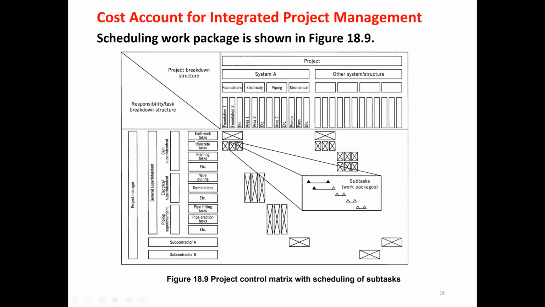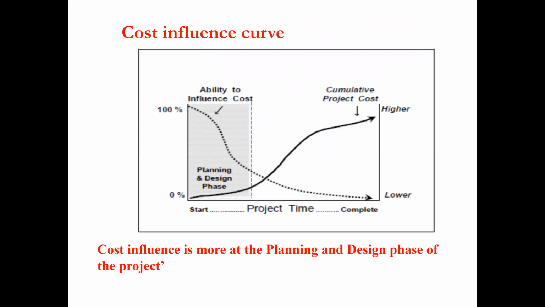We divide the work tasks as earthwork task, concrete task, framing, on foundation 1, 2, or 3. Then we put scheduling for this concrete task, how much time is required for this work task. So here we discussed how we make cost accounts for integrated project management.